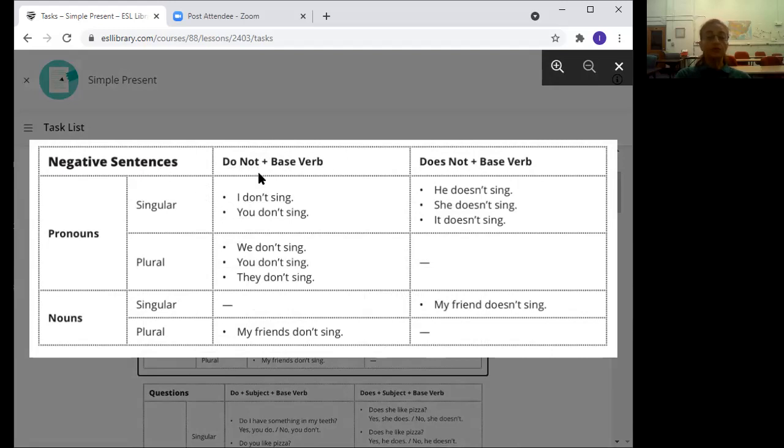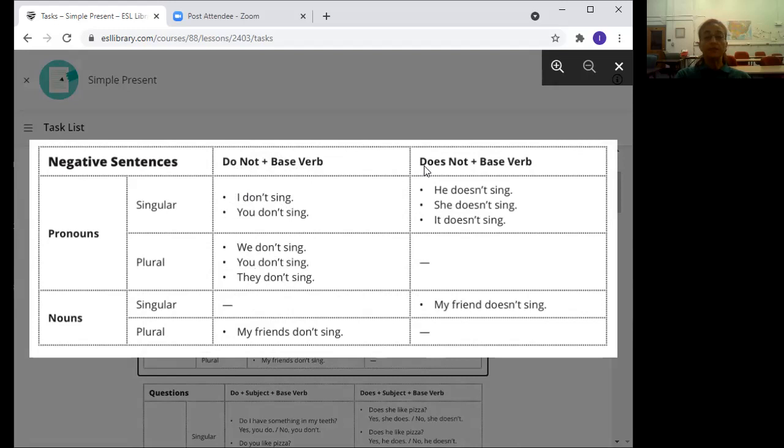I do not sing, right? However, we usually don't say the full form do not, and it contracts in English to don't. Don't is a contraction, a combination of do and not together. I don't sing, you don't sing, we don't sing, you don't sing again, and they don't sing.